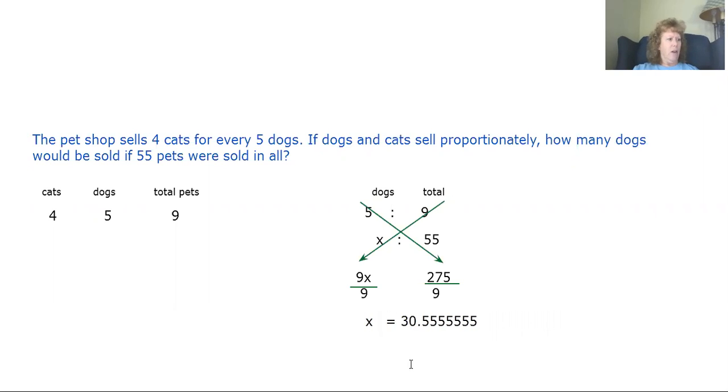So what's going to be our answer here? Are we going to round up to 31? Well, in some questions you would, especially if you were looking at a question dealing with money. But here, if we're looking at the number of dogs, we're not going to be able to sell half of a dog. So really, the total amount of dogs that would sell would only be 30.